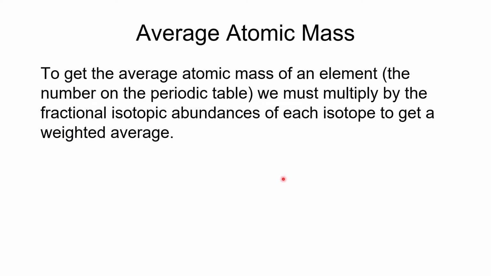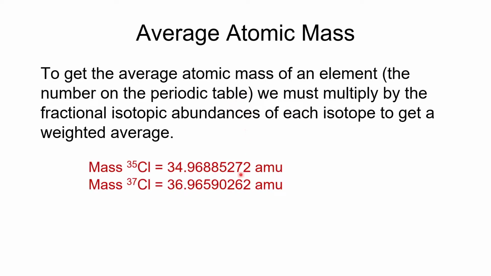So calculating the average atomic mass, you simply do what's called a weighted average. You multiply the fractional isotopic abundances by the mass of each isotope, and then add them together, and you will get a weighted average. So here are the masses that were given on that other page, and then here are the isotopic abundances.